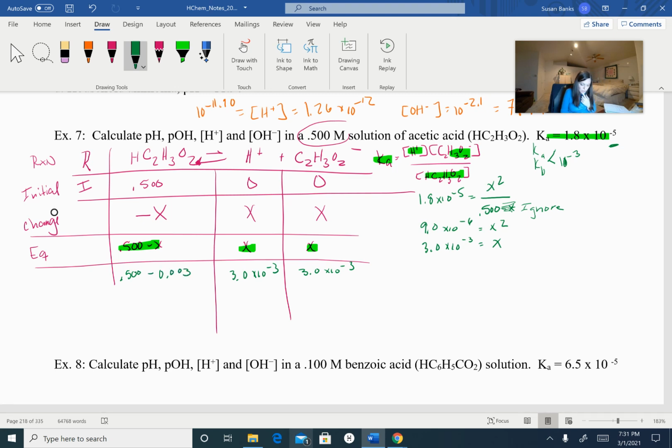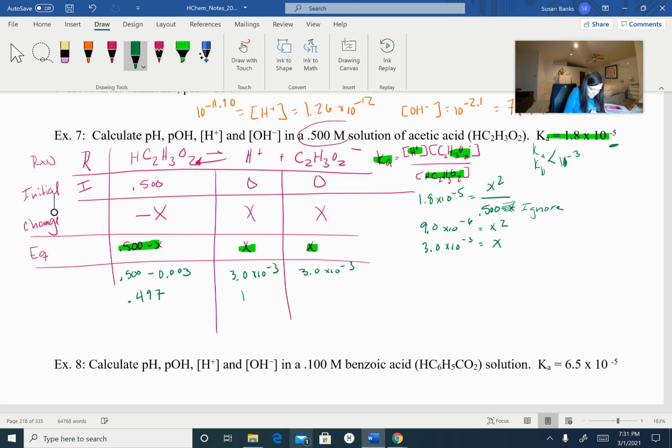Do you guys agree with that? Yeah? So this would give us a new concentration of 0.497 molar.